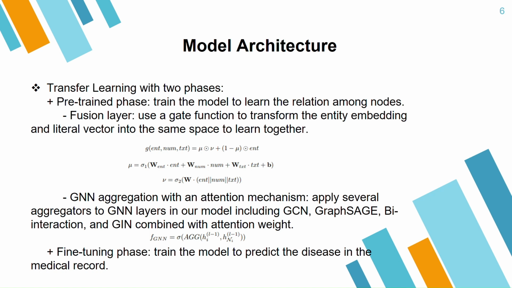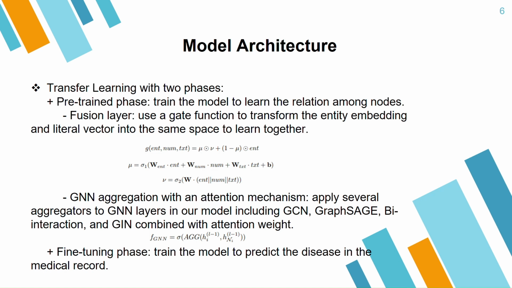It means from the center node, we can use GNN aggregation to capture the whole subgraph.